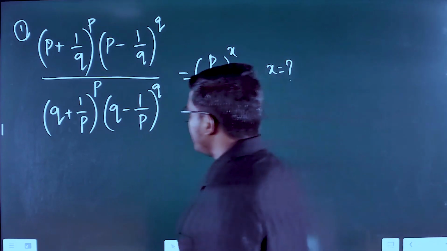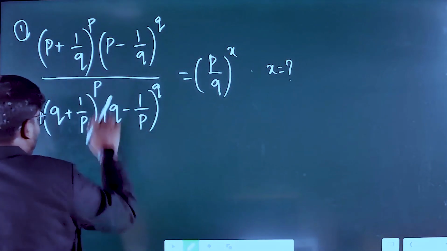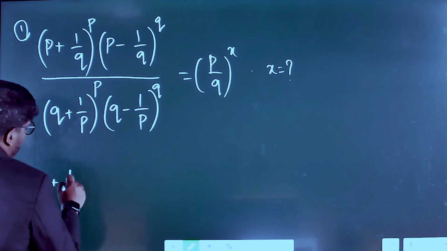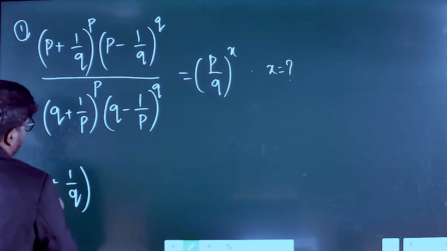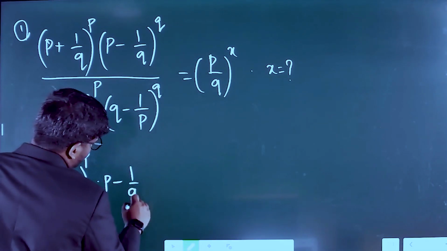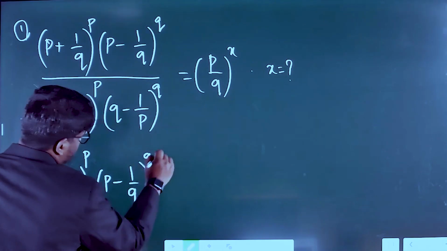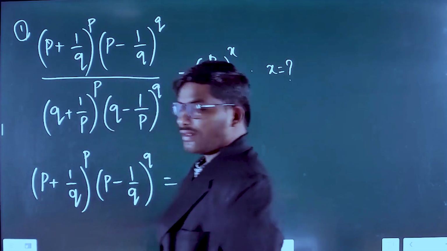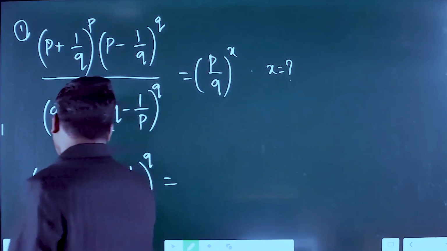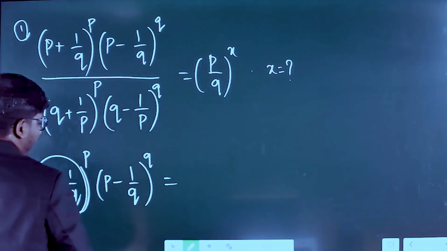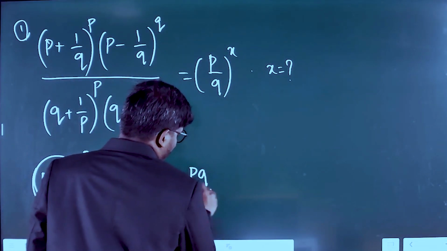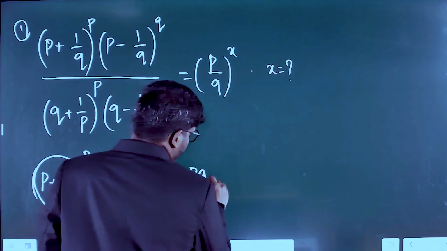We'll start. First, we'll take the numerator and simplify it. P plus 1 by Q whole power P into P minus 1 by Q whole power Q. Now, we see a P plus 1 by Q, right? For me to take LCM, P plus 1 by Q, I have to write it as PQ by Q, right?